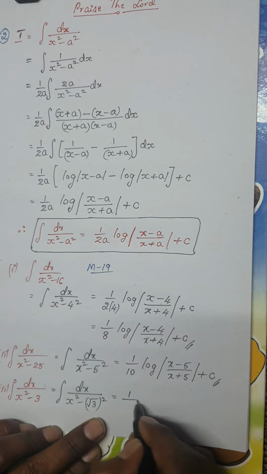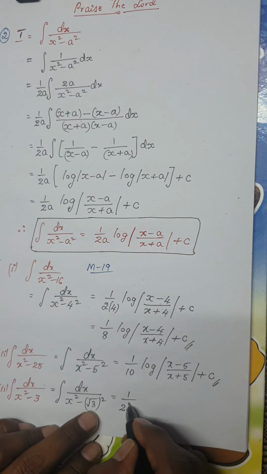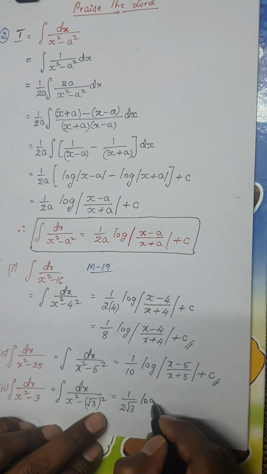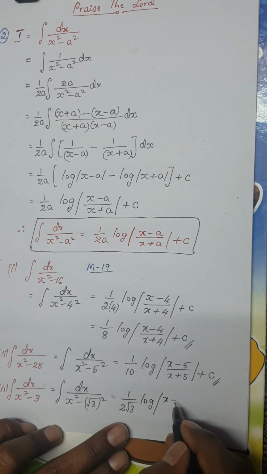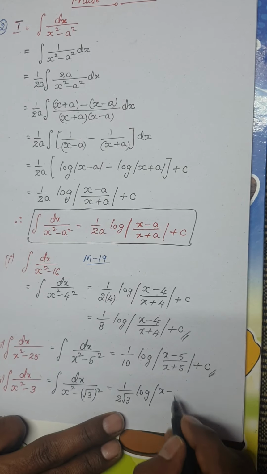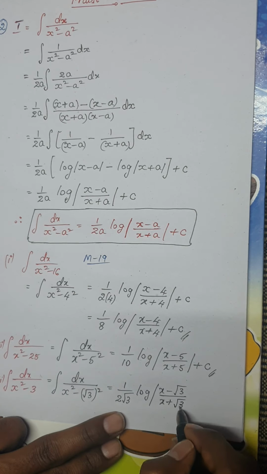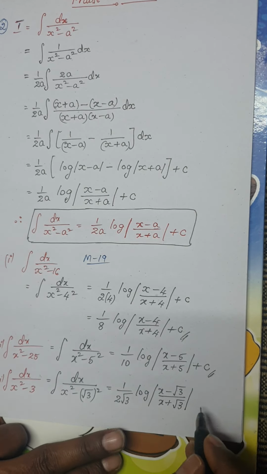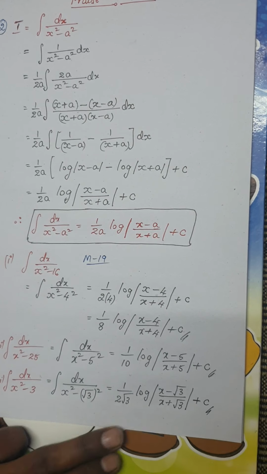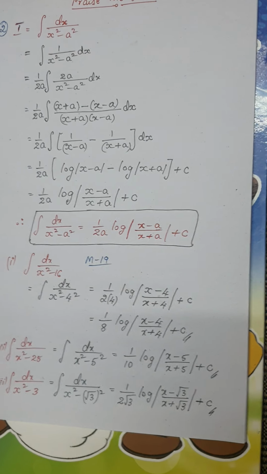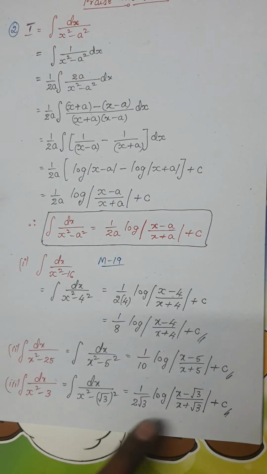This can be written as 1 divided by 2a, where a is root 3, into log of mod x minus root 3 divided by x plus root 3, plus c, which is the constant of integration, and this is the final solution for the given question.